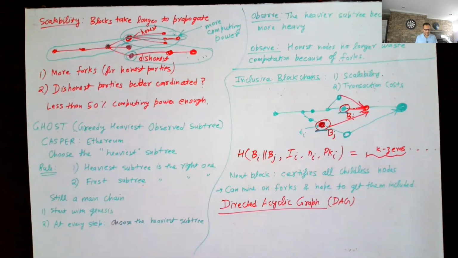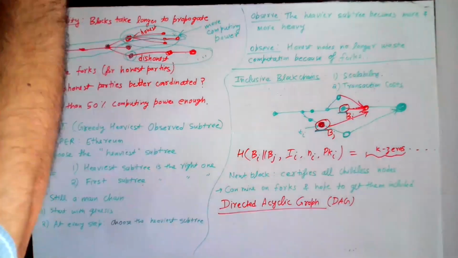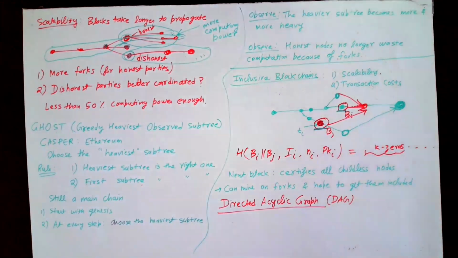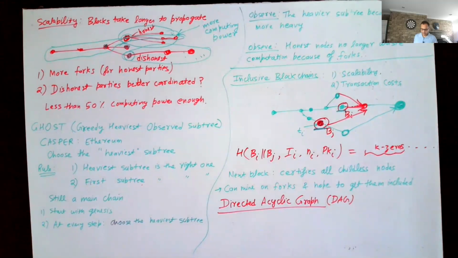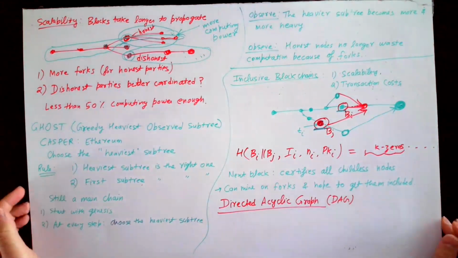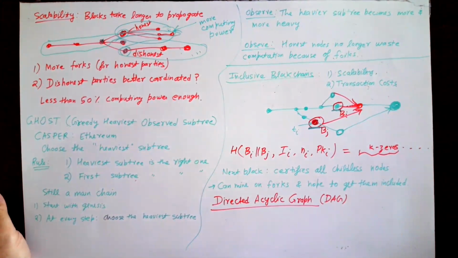So I have a question. When we are mining the new block on the main chain, suppose the side chain contains BJ and one another block on top of that. So will it certify both of them, or only one at a time?